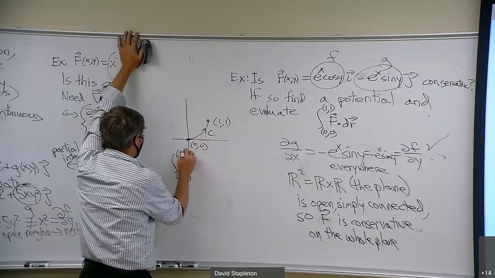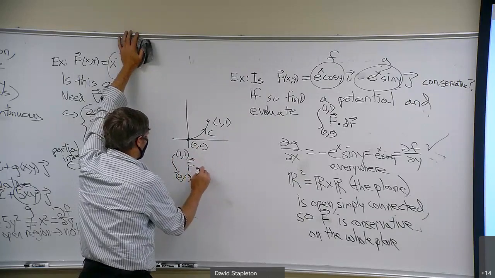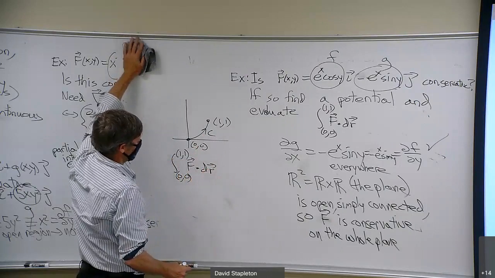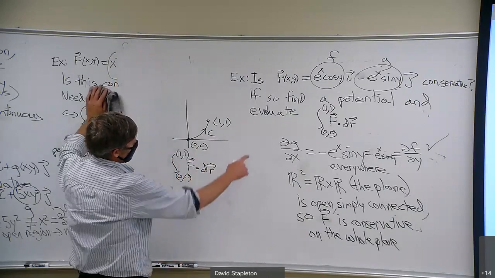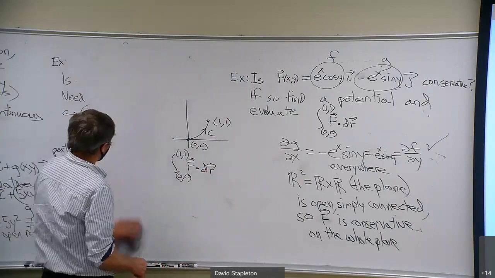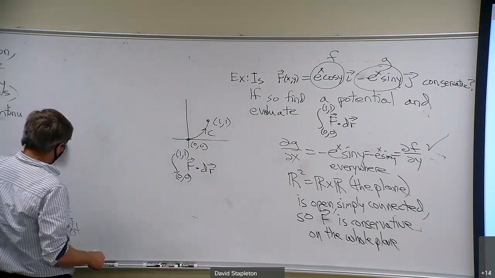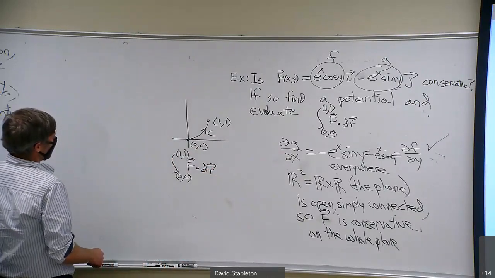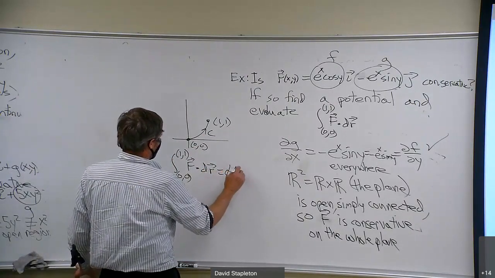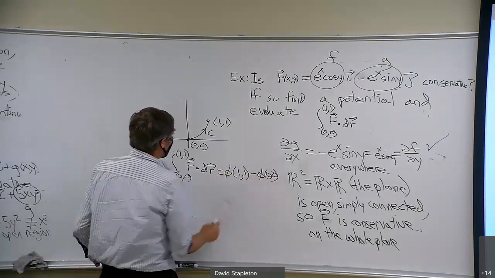I don't even care what curve it is, as long as it's piecewise smooth. Just need to find the potential. What is the potential? I have to integrate. This is a good test to do before you integrate, but in the end you have to integrate anyway if it turns out to be conservative. The theorem says this is equal to phi at the final point, (1, 1), minus phi at the endpoint, (0, 0). And it doesn't matter which path I took.